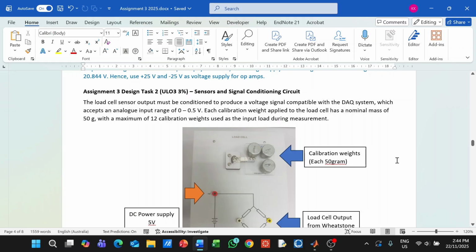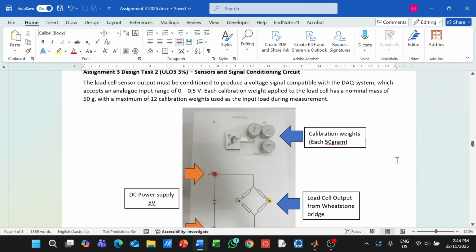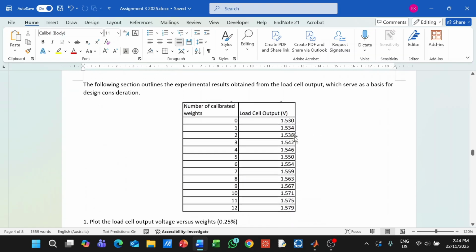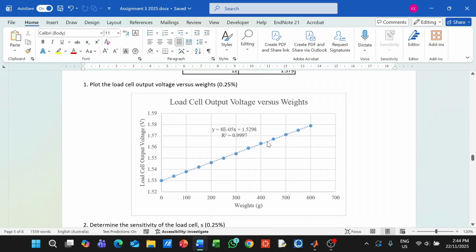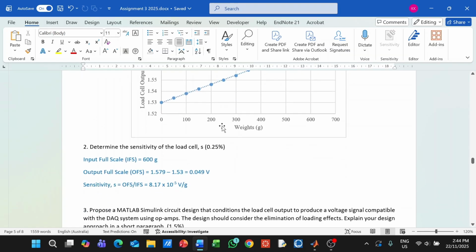For design task 2, based on the input load, the load cell outputs different voltages. So this is the graph plotted, and the sensitivity can be calculated, which is the output full scale divided by the input full scale. And we will get 8.17 times 10 to the power of negative 5 volt per gram.